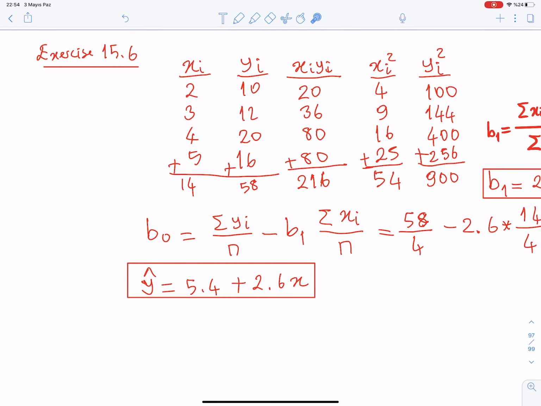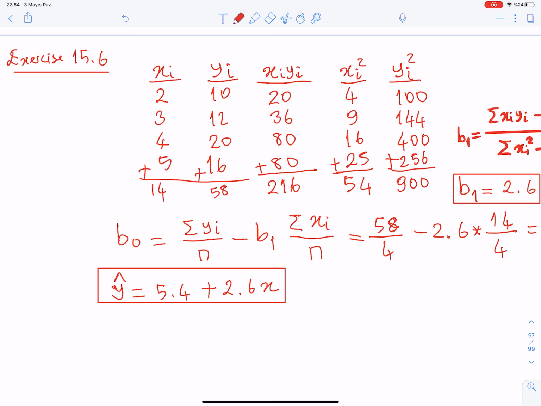So I'm gonna have this place for y i hat. For 2, if you substitute 2 within the estimated regression line, 2 times 2.6 becomes 5.2, plus 5.4 becomes 10.6.